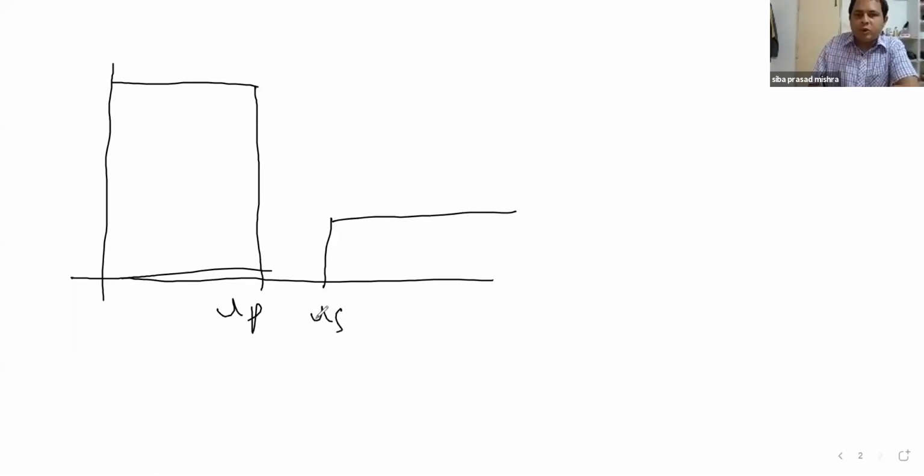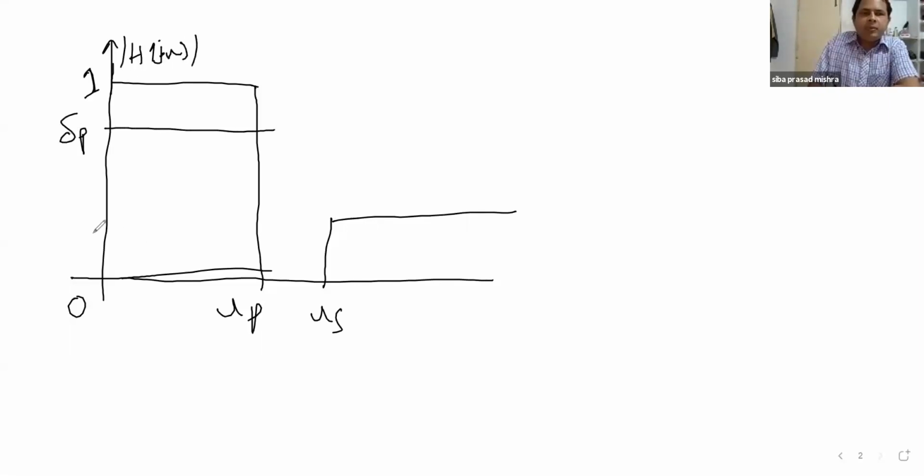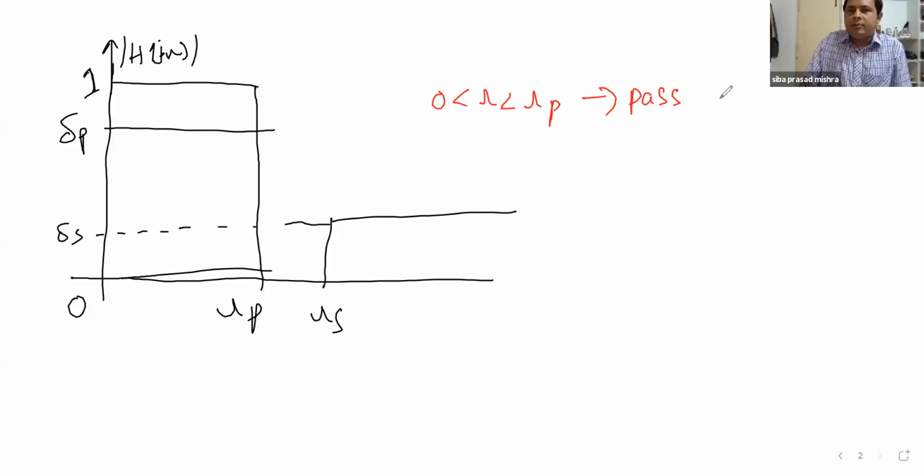Omega p, omega s, 0, 1. This is H of j omega, delta p, delta s. Clear? So here you get all the three bands. 0 less than omega less than omega p is your passband.